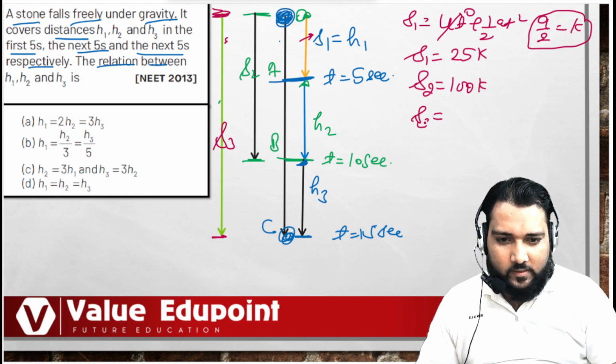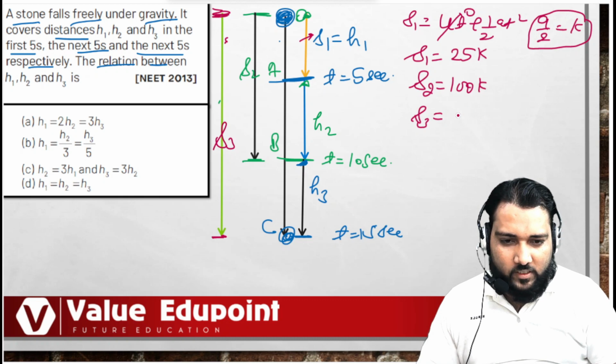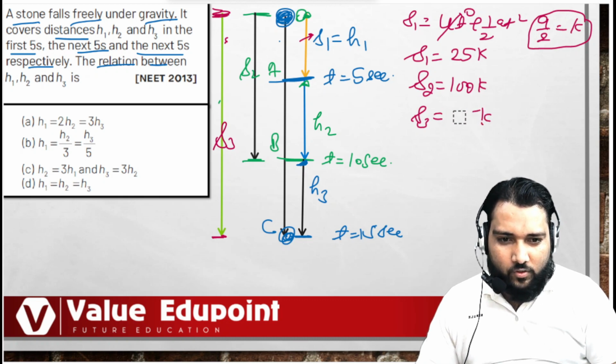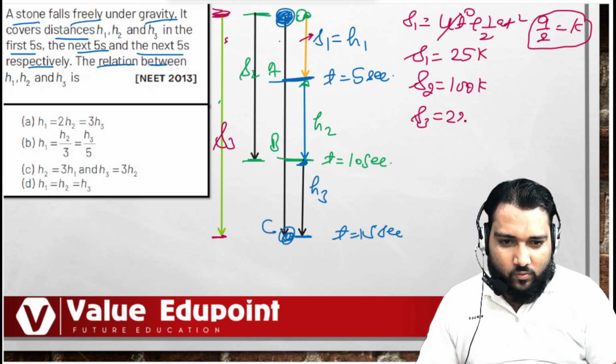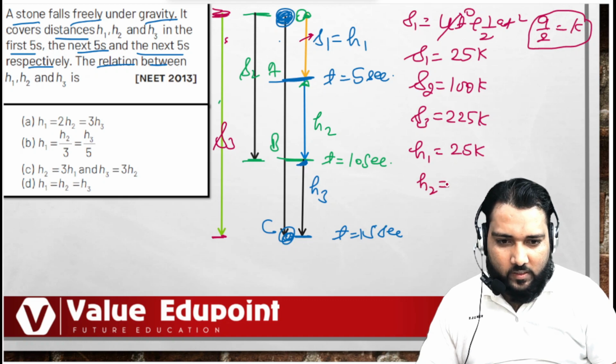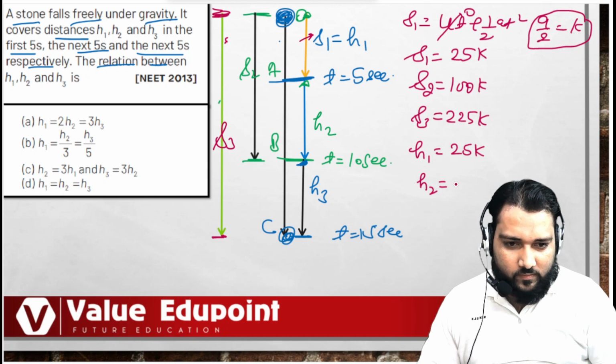And for s3, t equals 15 seconds, 15 square is 225, so 225k. But the question is asking for the distance traveled in each interval, that is h1, h2, h3. So h1 will be the first 25k, and h2 will be s2 minus s1.